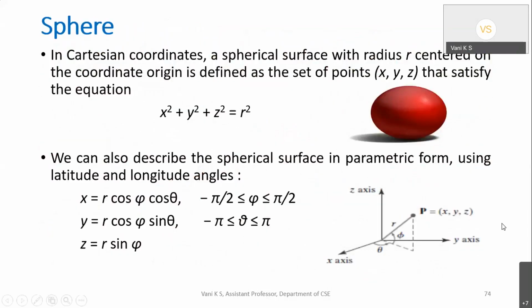This is a sphere. So there is support in OpenGL to construct a sphere. What is the formula for a sphere? x squared plus y squared plus z squared is equal to r squared. That is, any point on the sphere will satisfy this equation, or I can write it in parametric form. Parametric is nothing but when we have the equation in terms of some angles.